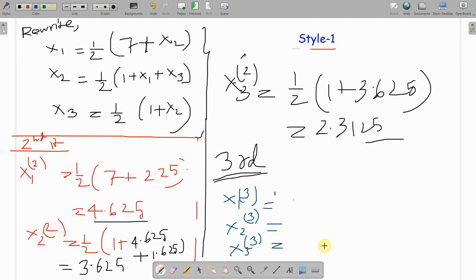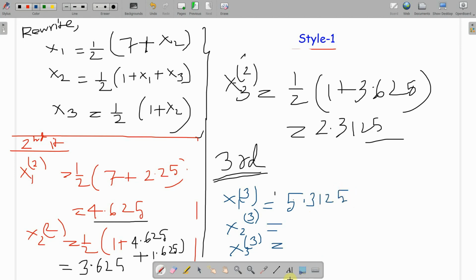Do it. So what is the value after the third iteration? x1 is 5.3125.